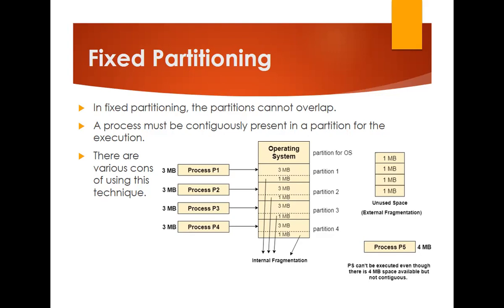But let's say if process 5 comes with 4 megabytes, it cannot fit in any of the partitions, because there is no such mechanism that it can divide and put it separately for fixed partitioning. Because it is not contiguous.